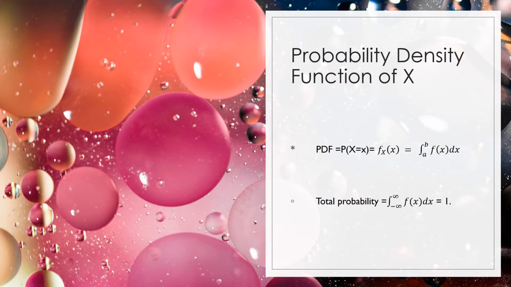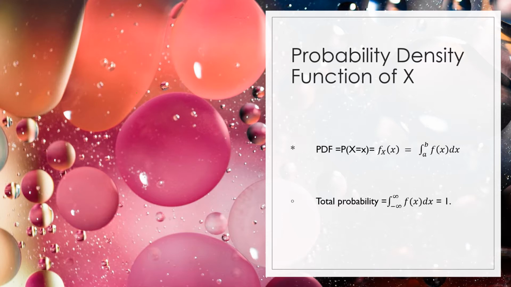The probability function of a discrete variable x is p of x equal to x. But for a continuous distribution, we call that a function f of x, which is not the summation, it is the limiting case of the summation. We know that the limiting case of the summation is nothing but the integral.